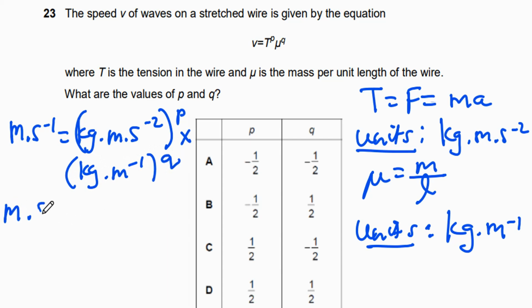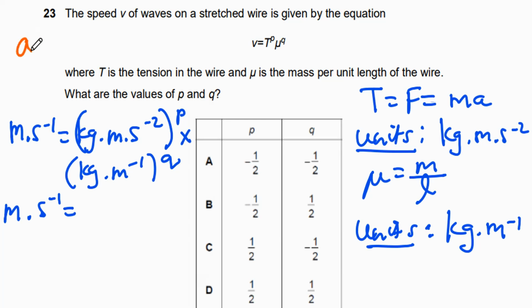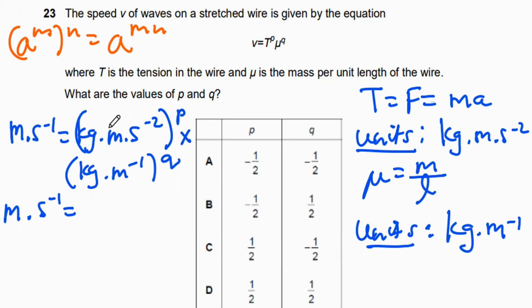We can simplify the right-hand side using the laws of exponents. And we're going to use this law of exponents, a to the m all to the n equals a to the m times n. So when we have brackets, we multiply the powers. So we're going to multiply all the powers inside these brackets with the powers outside. So this is kg to the 1. So 1 times p is p.